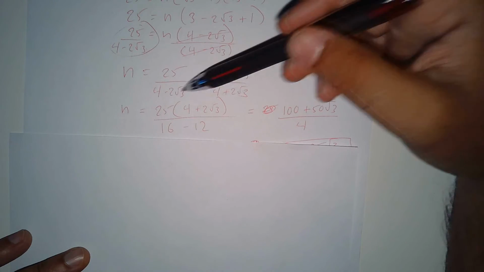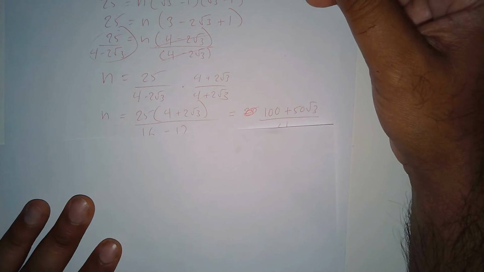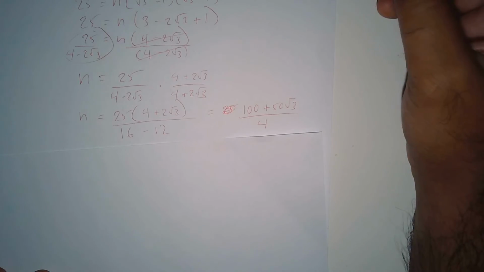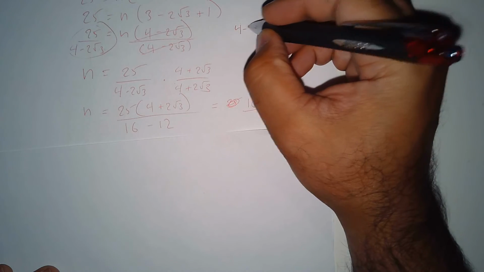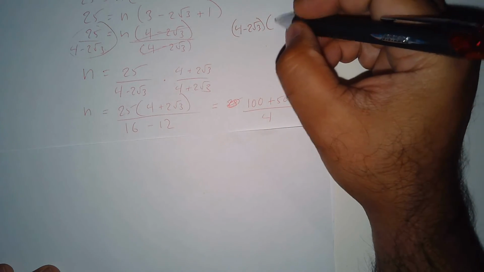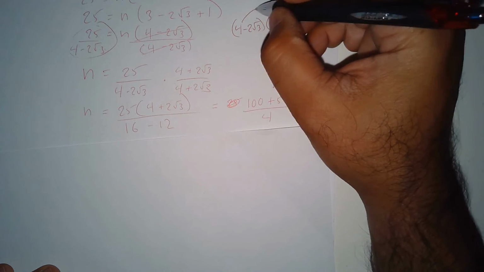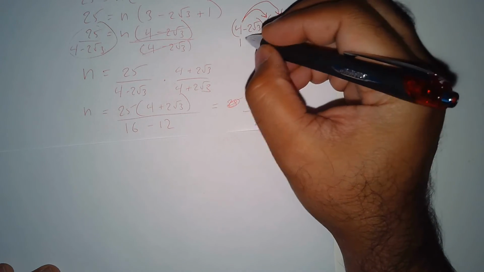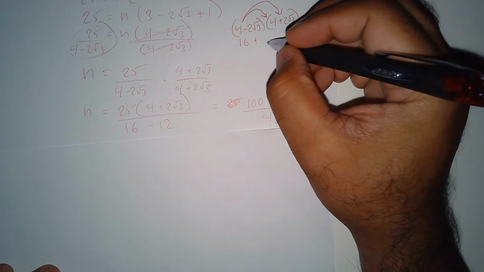And then when these two things multiply, I'll go over the conjugate again, right? You notice how I put down 16 minus 12 there. I'll show you how you get that. If you've got 4 minus 2 root 3 multiplied by 4 plus 2 root 3, first you multiply by this 4, and you're going to get 16 plus 8 root 3.